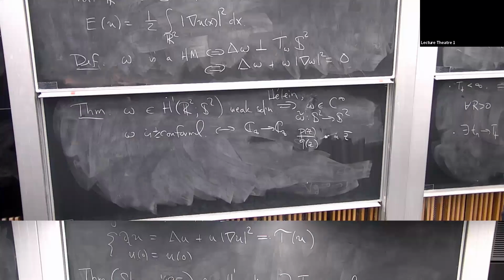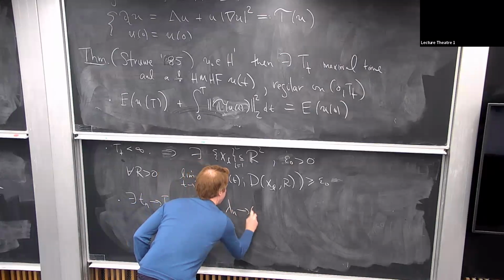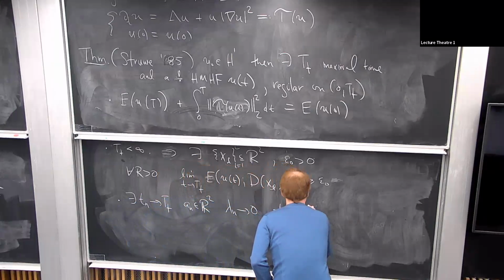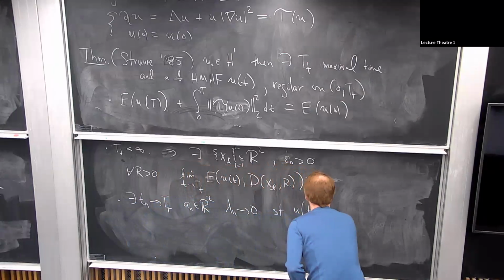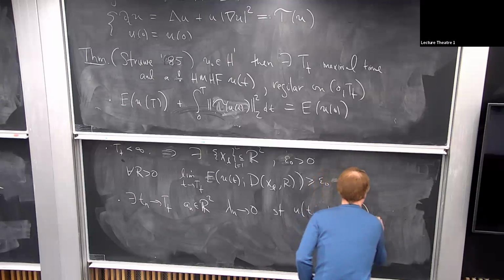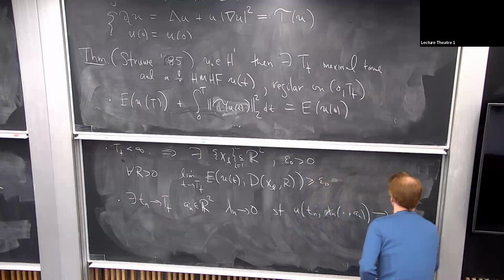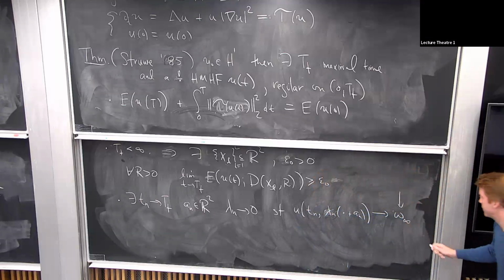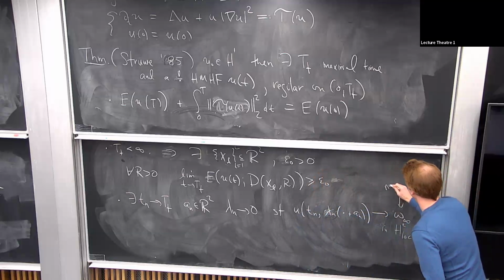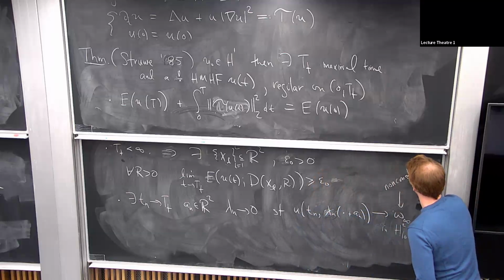a sequence a_n in R2, and λ_n tending to 0, such that if I rescale and translate u along the sequence, u(t_n, a_n + λ_n ·), this converges in H1 locally to a non-trivial, non-constant harmonic map.